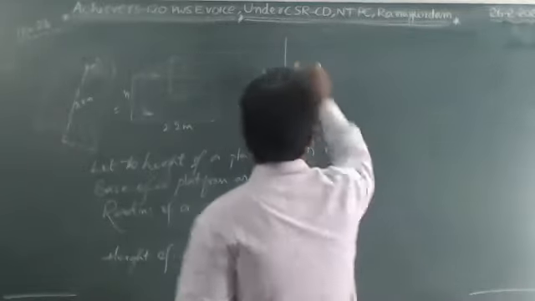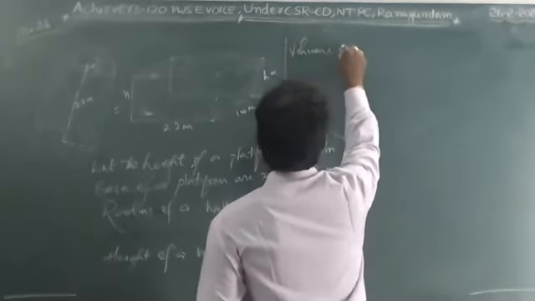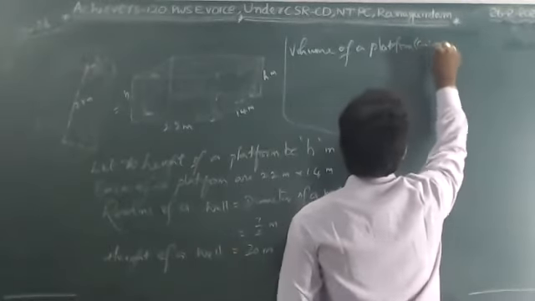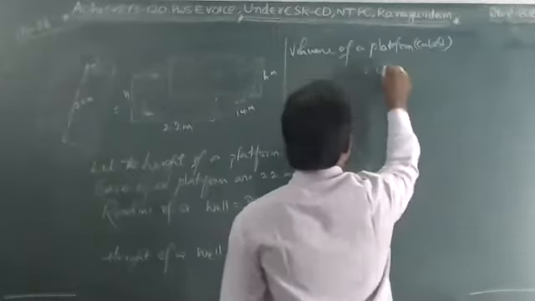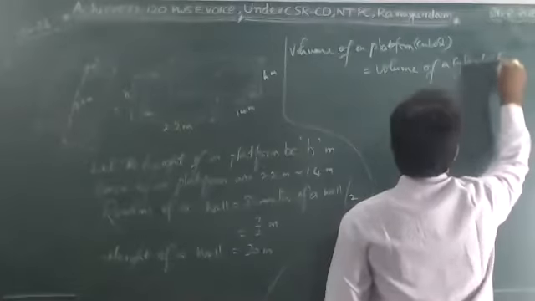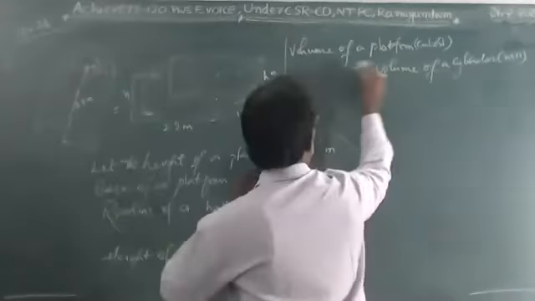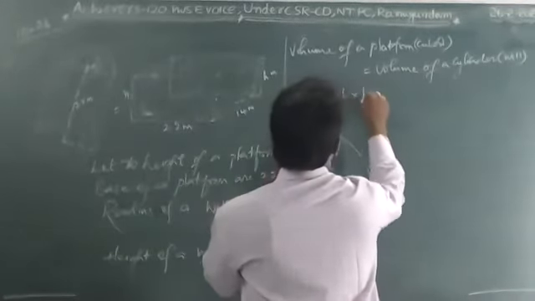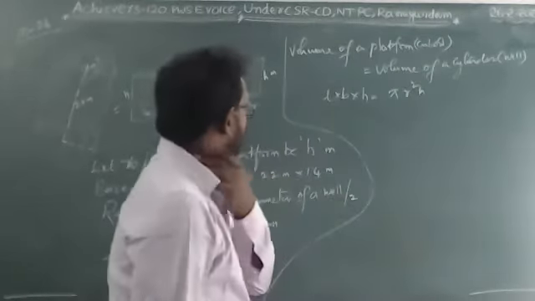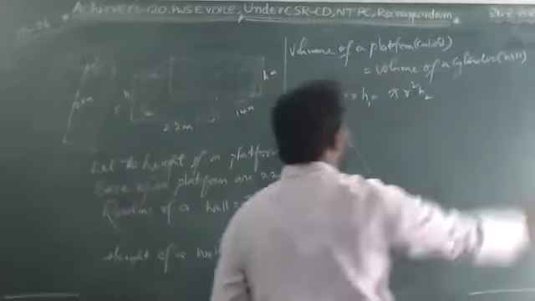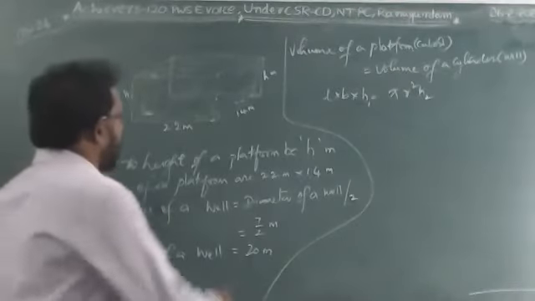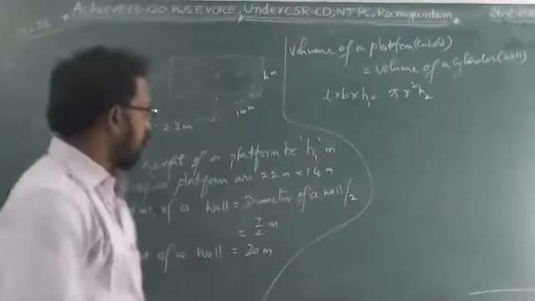Volume of the platform occupied is equal to the volume of the cylinder. The volume of the platform, cuboid shape, is L into B into H, and the volume of the cylinder formula is pi r square H. So this H and this H are different, no? So take H1 and H2. Let us take the height of the platform as H1.